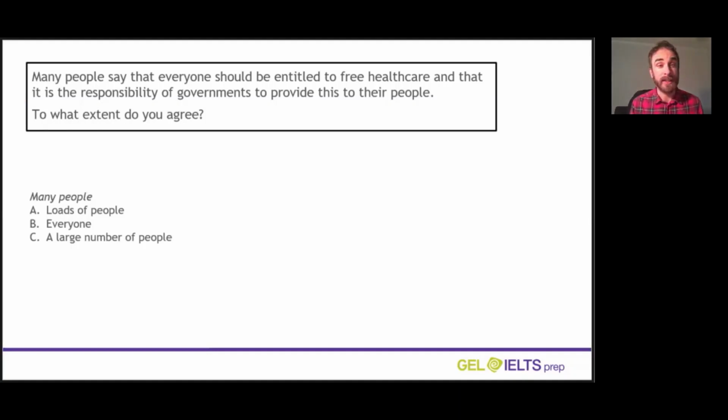The correct answer is C, a large number of people. Loads of people is too informal for an academic essay.